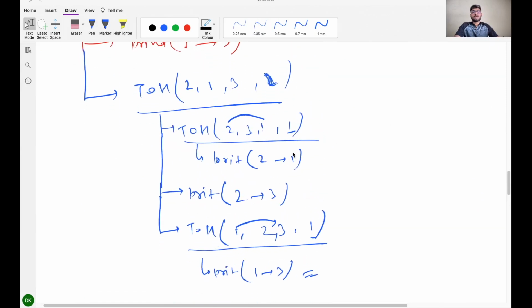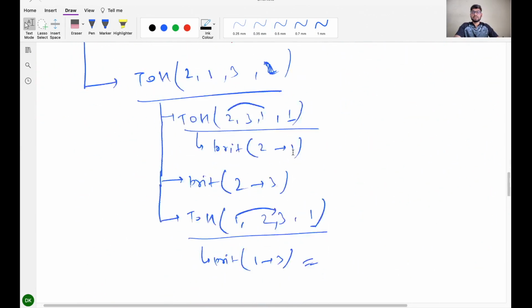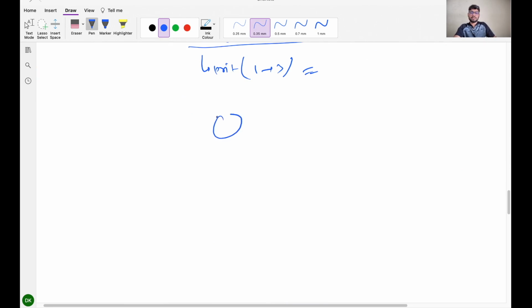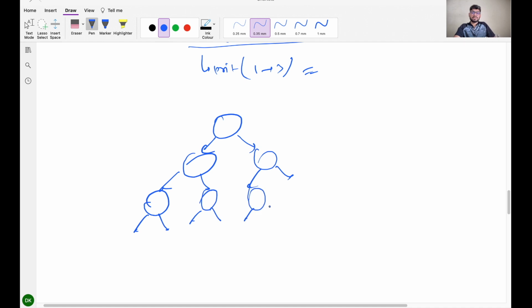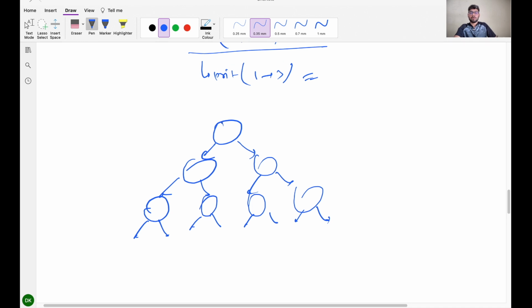Now coming to the time and space complexity, we can simply see that this is my n, and this will expand something like this, and now my recursive calls grow exponentially. Initially for n minus 1, then we have to print, then again for n minus 1, and again n minus 1.